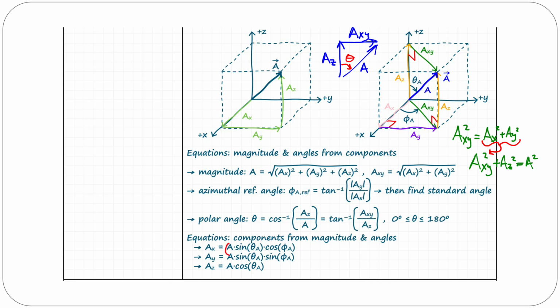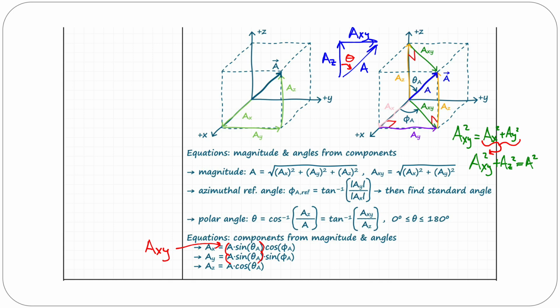So in these equations here, A sine theta is AXY, that is the magnitude of the vector in the XY plane. Once you have the vector in the XY plane, then you can find the x and y components just like we've seen before. The component in the XY plane times the cosine of phi gives us the x component, and the component in the XY plane times the sine of phi, this is opposite, so this is the sine of phi, gives us the y component.